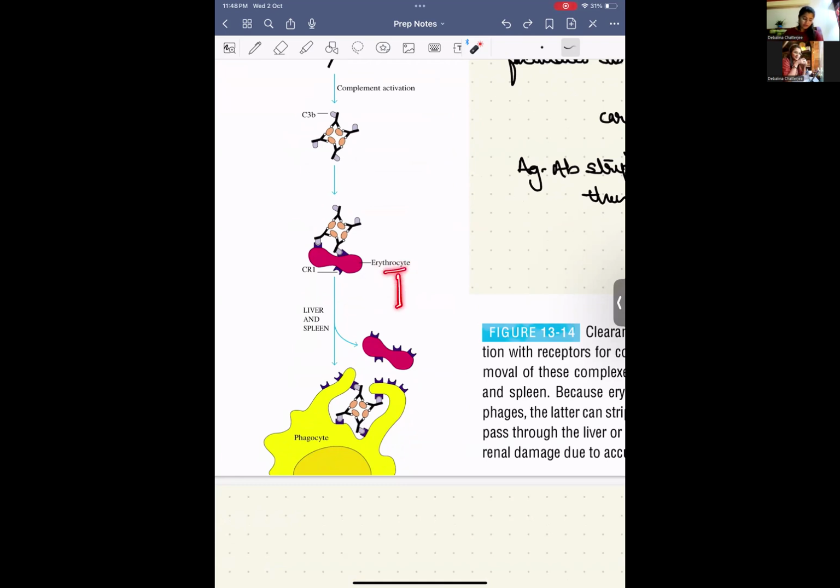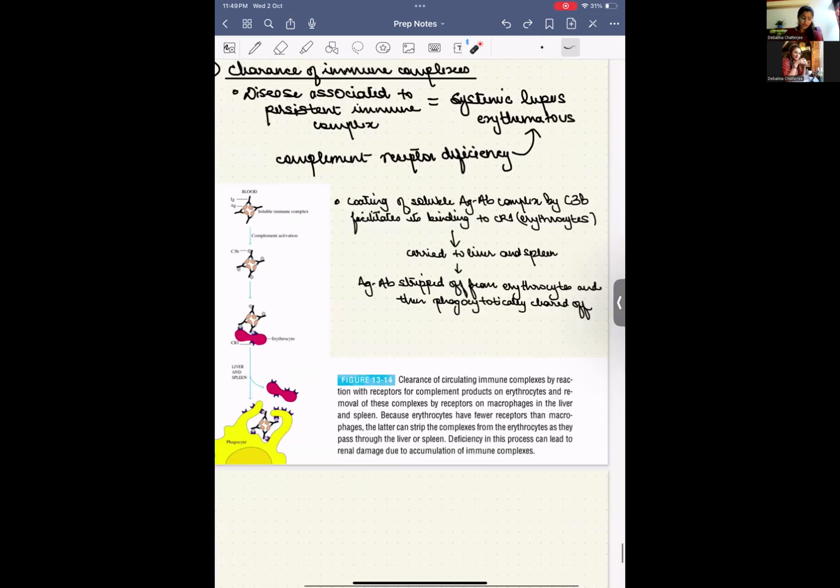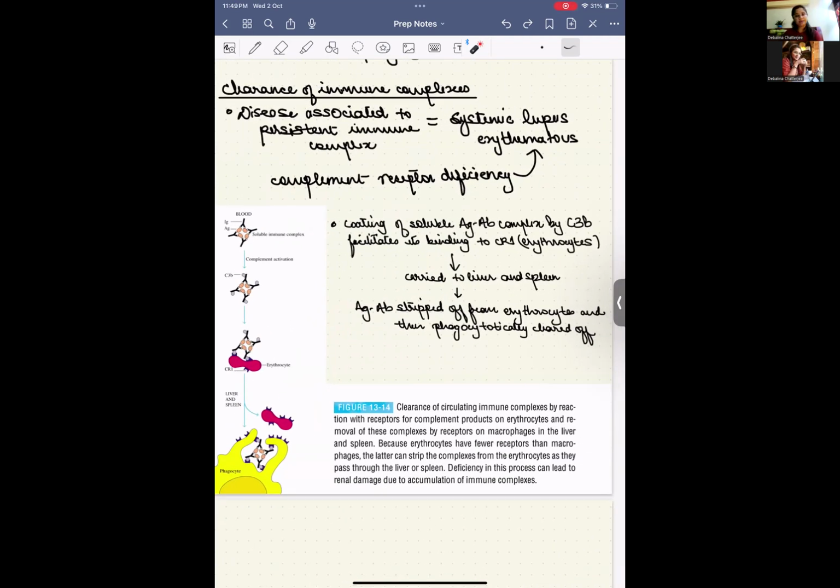This eventually goes to the liver and spleen, where the erythrocyte is stripped of these antigen antibody complexes, and now the Fc receptors on phagocytes get a chance to. So the antigen antibody complex is pulled into the phagocyte via the Fc receptors, via the complement receptors.